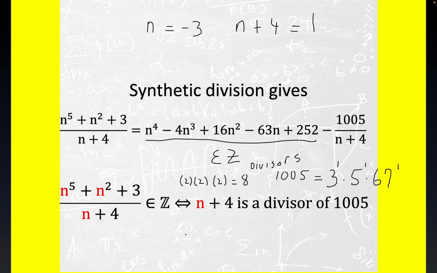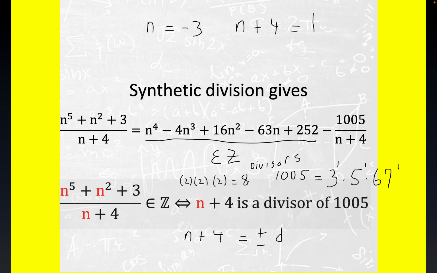So we can have n plus 4 equal to plus or minus any of these divisors. We'll call it D equals 8 divisors here.